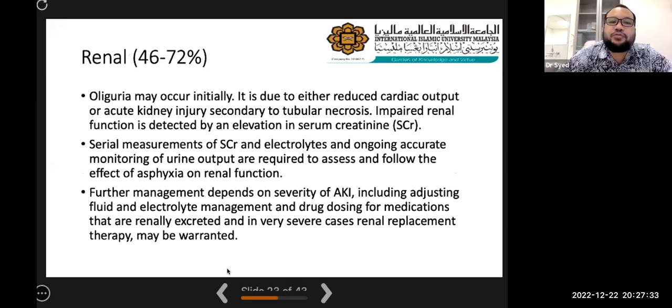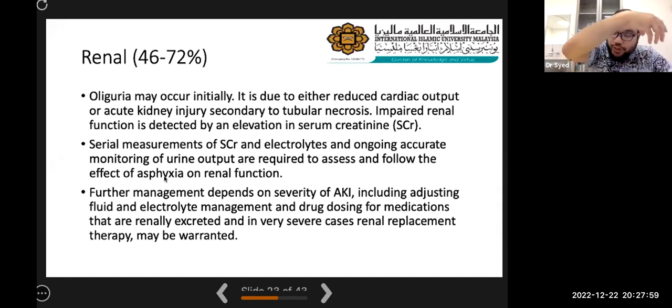Kidney function affects 46 to 72%. So semua baby akan ada oliguria, but it will be more pronounced in babies with hypoxic ischemic encephalopathy. Why? It can be due to reduced cardiac output. Bila reduce cardiac output, reduce renal perfusion. Tapi ia juga is caused by secondary kidney injury due to tubular necrosis.